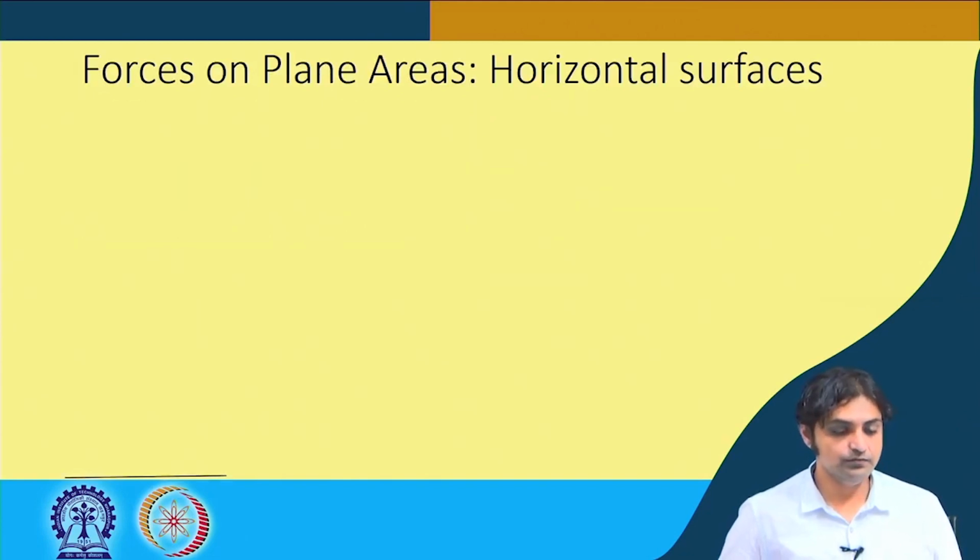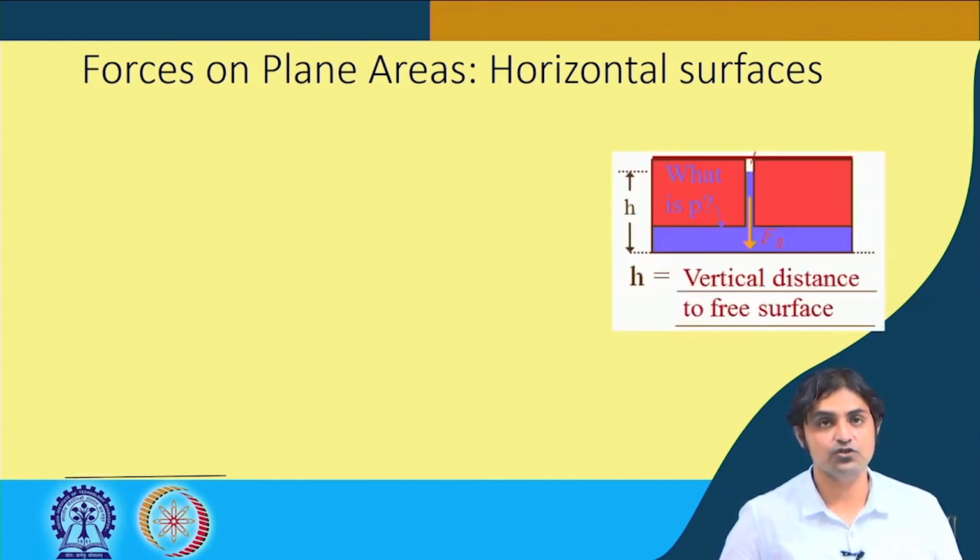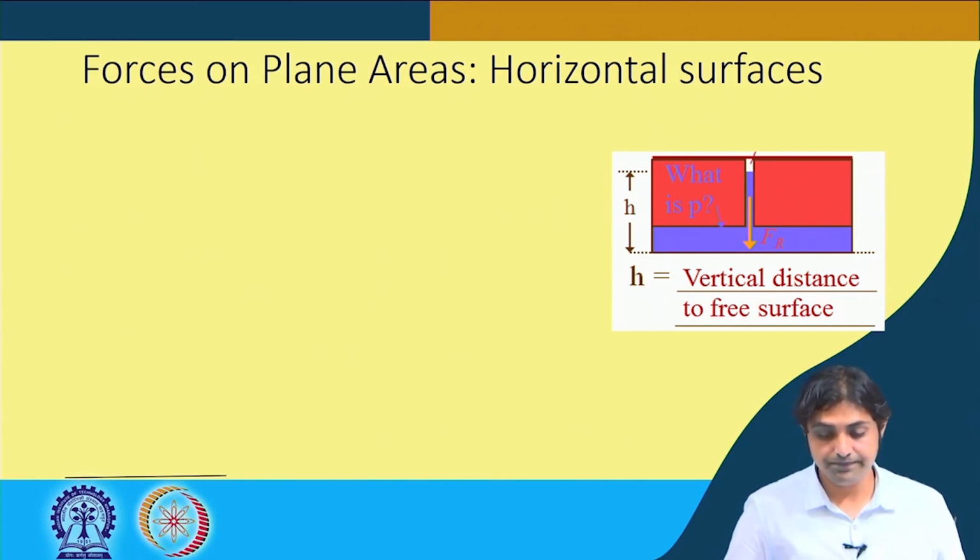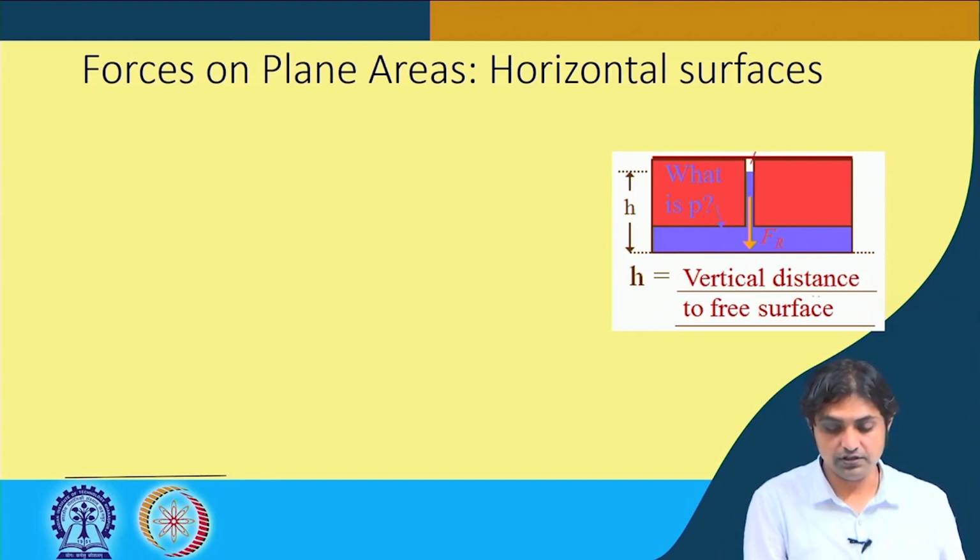Good. So, we have to see what the forces on plane areas are, that is, a horizontal surface. This is a figure that shows a horizontal surface at depth h.